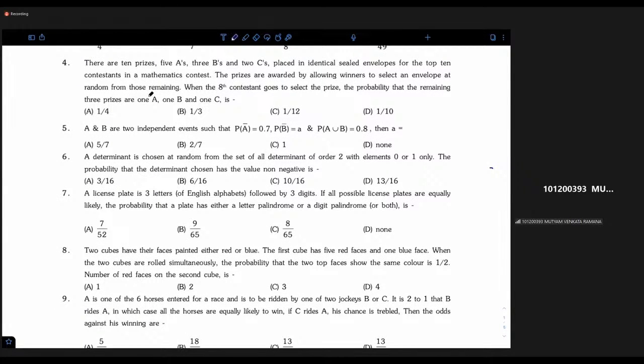Yes. So prizes are there 1, 2, 3, 4, 5, 6, 7, 8, 9, 10. So actually internally they are A, B, B, B, C, C.